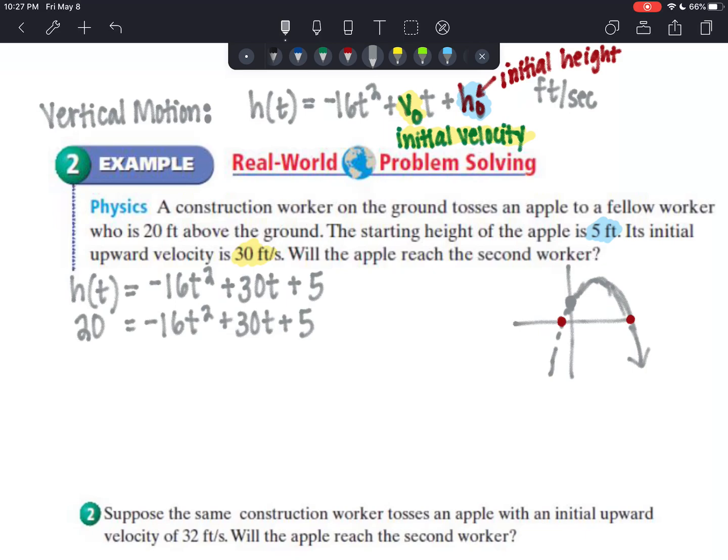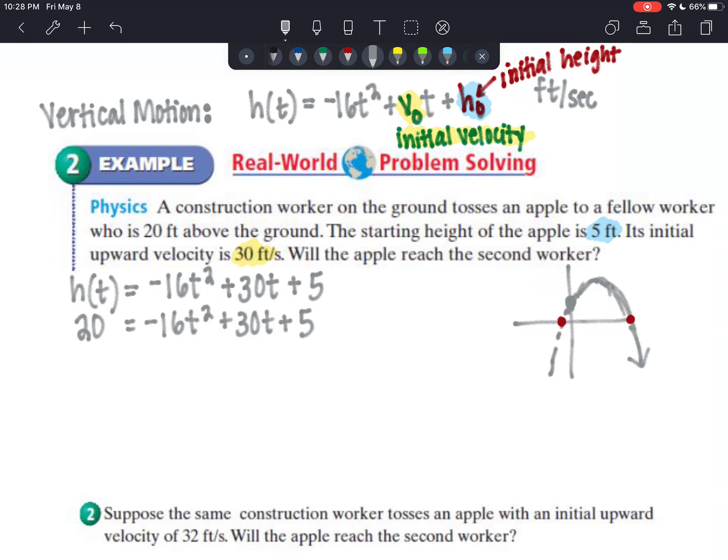If there's 1 solution, that means my object is only going to hit 20 feet and then come down, so 20 is going to be the maximum. If there's no solutions, that means my maximum doesn't get as high as 20. I'm falling short of being able to throw it 20 feet in the air.